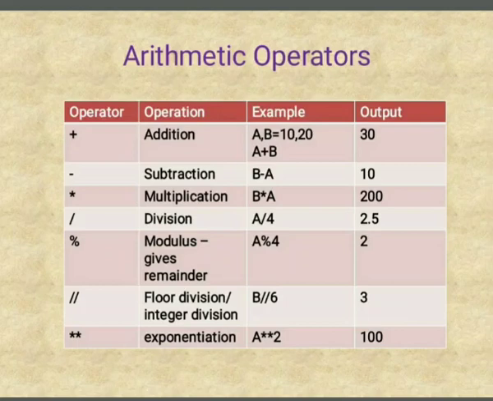But in this case, it is integer division and will ignore the decimal values. So the output will be only 3 and not 3 point something. The last arithmetic operator is exponentiation. Exponentiation is for the power. Suppose we have written a ** 2. It means a square, a into a, which will be 100.